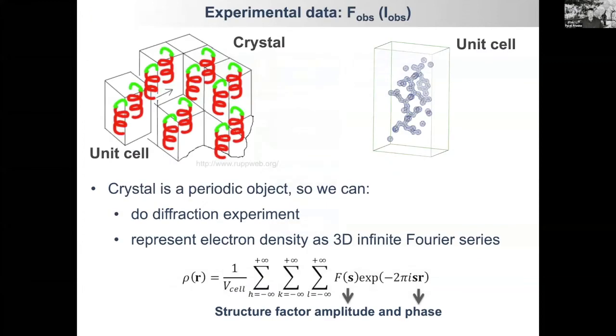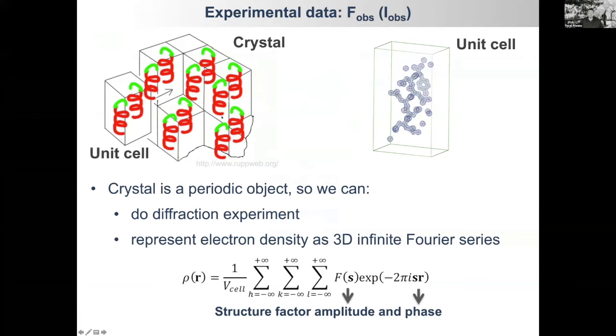Good. Well, let's think a little deeper into this topic and think where the data comes from and why. So we deal with crystals, and crystals are composed of unit cells. These are periodic objects, right?